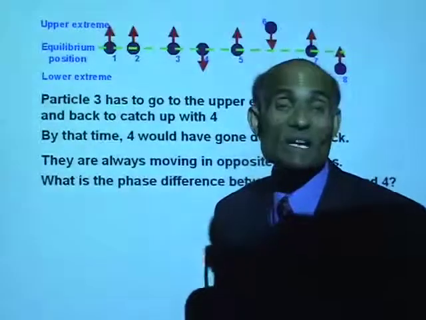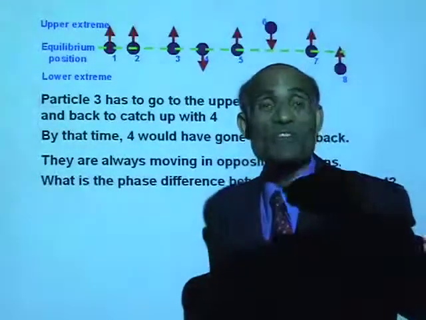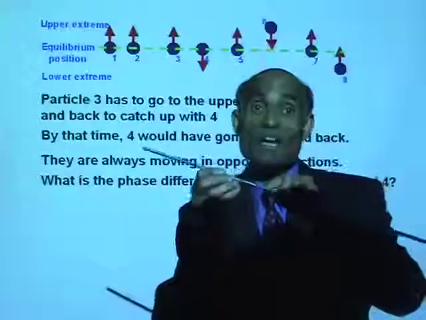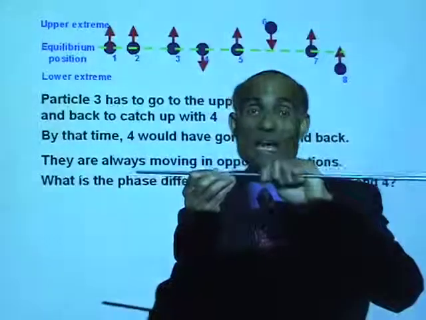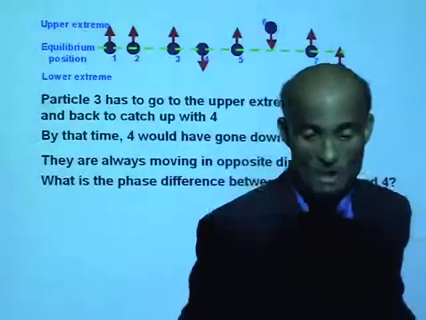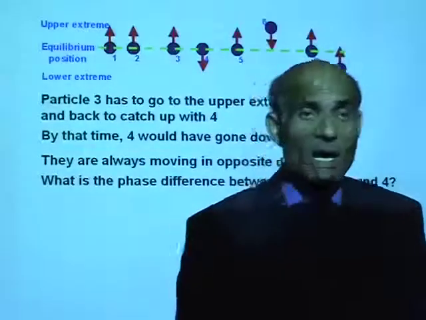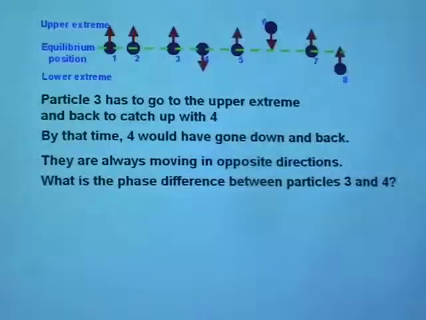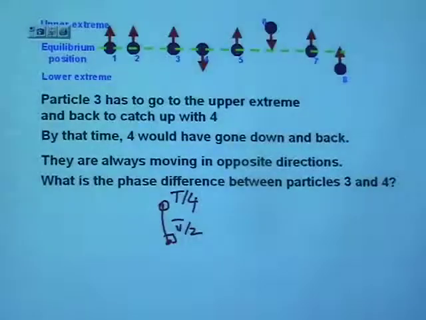We define phase and phase difference using the angle. Now, I want you to understand the angle concept. All right, give me a second. I will review that with you. The angle as the particle begins to move up. Remember, when it is all the way up, the angle is pi by 2 and the period is T by 4.